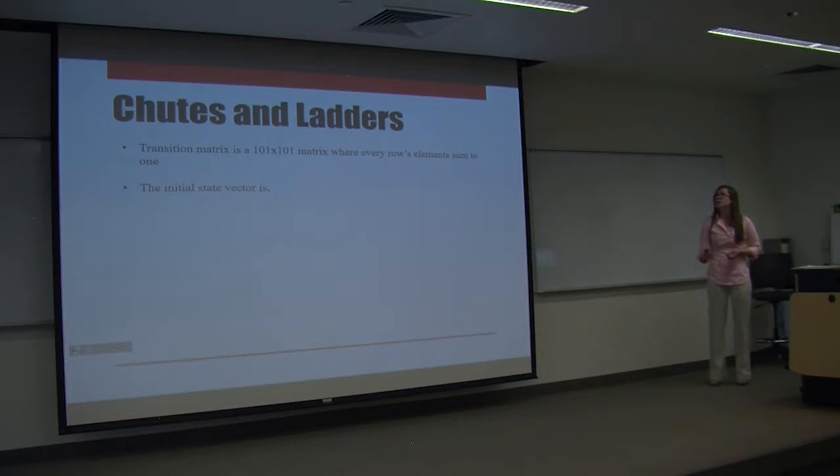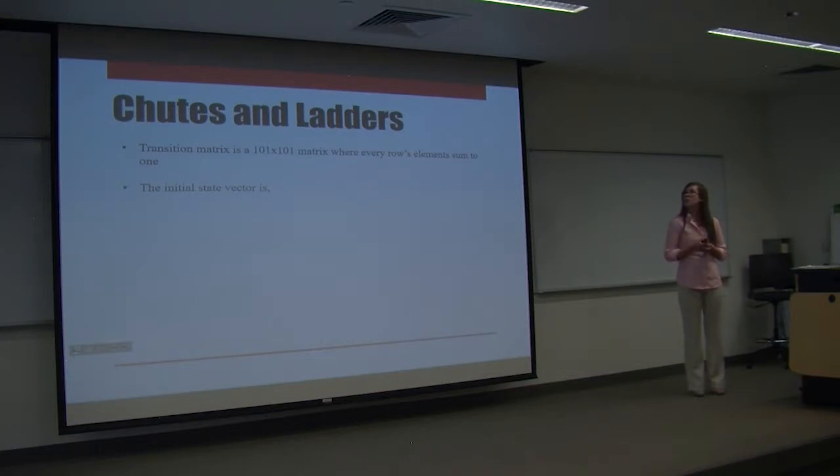So I started by developing my transition matrix, which ended up becoming a 101 by 101 matrix, where every row's elements sum to 1. The reason why it's 101 is because if you've ever played Chutes and Ladders, there are 100 spaces on the board game, but you don't actually start on space 1, you start outside of the game.